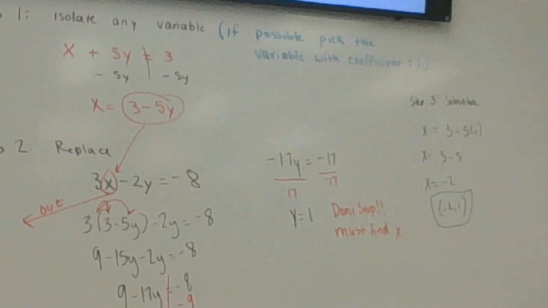Who's got a question on number 1, a review of the 3 steps of solving by substitution? Right, there's definitely like 4 ways you can start the problem.